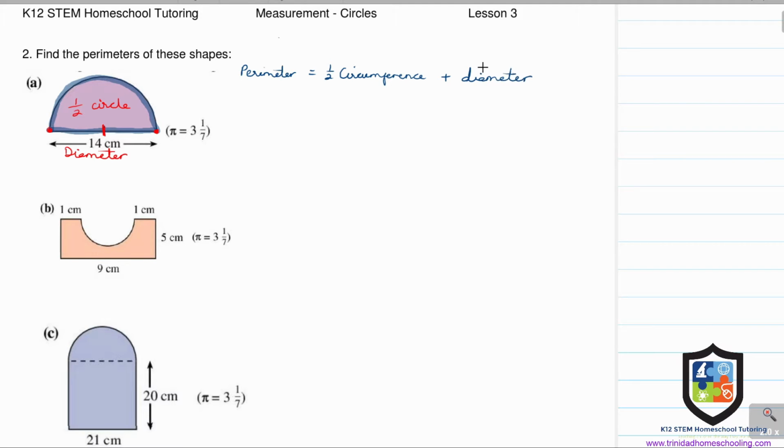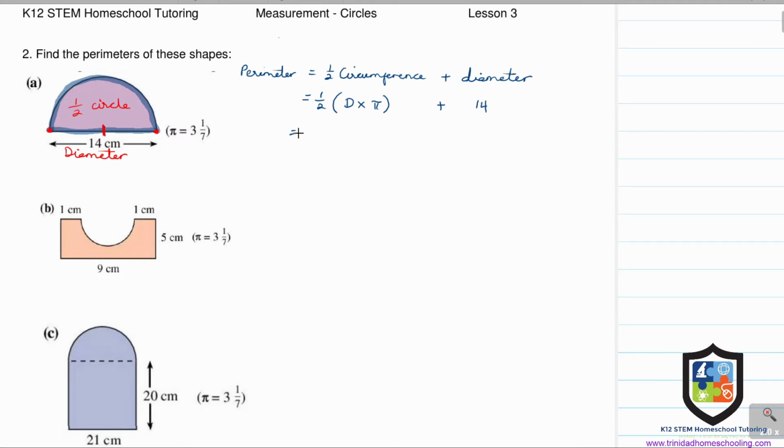Alright, so the first thing I want to do is identify what makes up your perimeter here. Now we know the formula to find the circumference of a whole circle, but we want half of that. So the circumference of the whole circle, they already gave us a diameter, so we could use the diameter times pi formula, plus the diameter, which is 14.